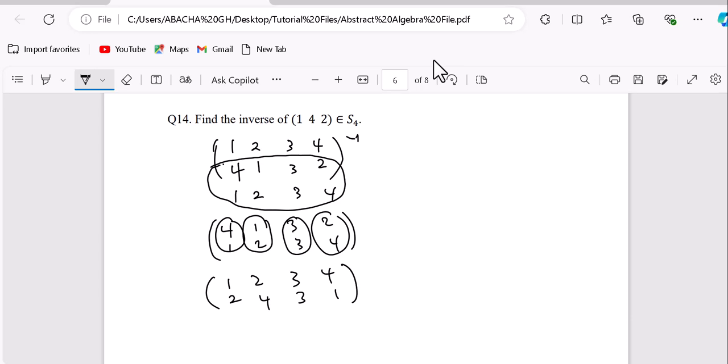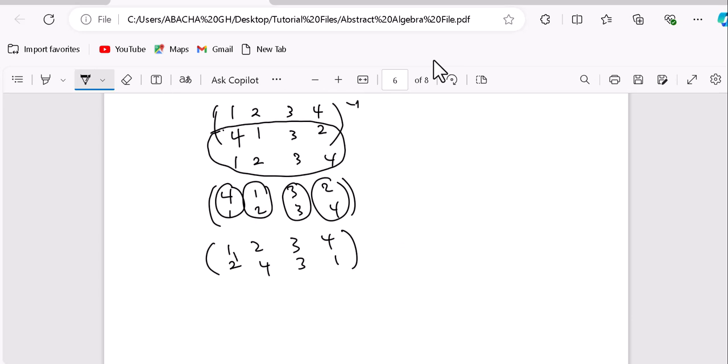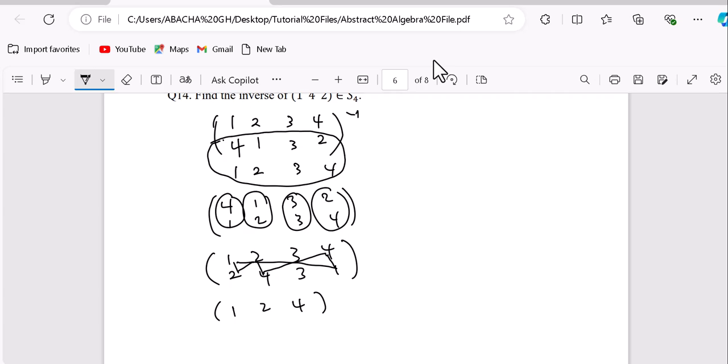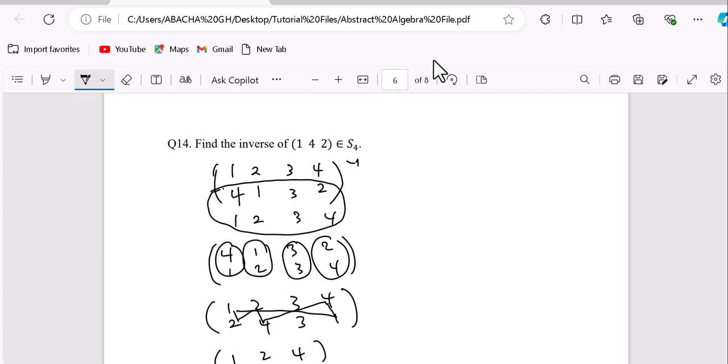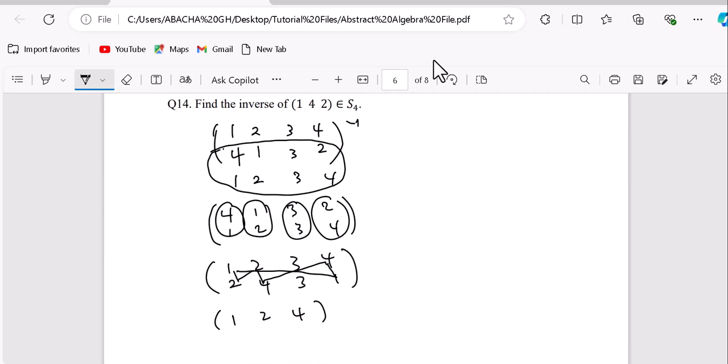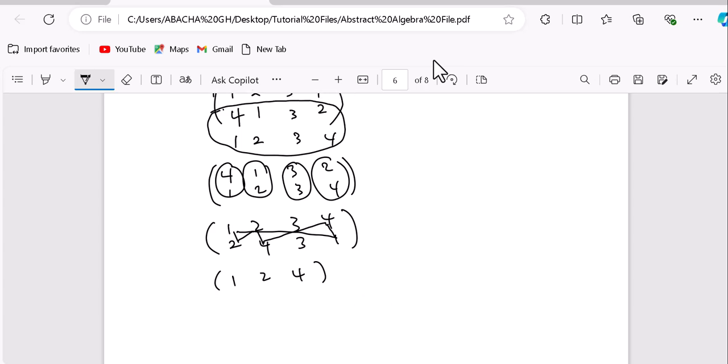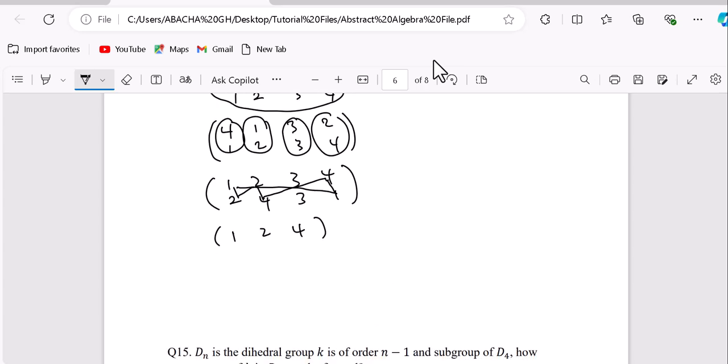Now writing it as a cycle, 1 goes to 2, 2 goes to 4, 4 goes to 1. So 1 2 4, like this. So that is the inverse. So the inverse of 142 is 124. That is the answer that we are looking for.